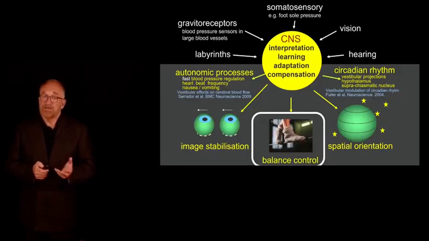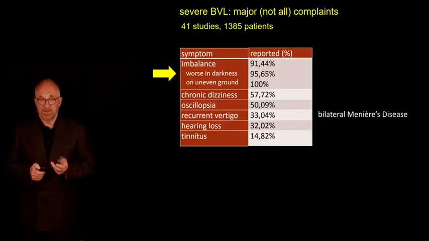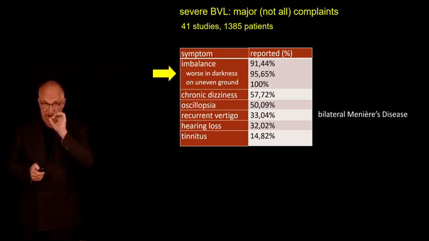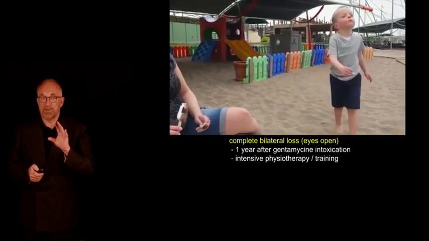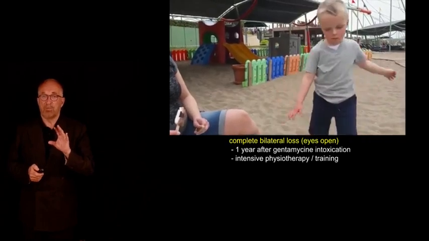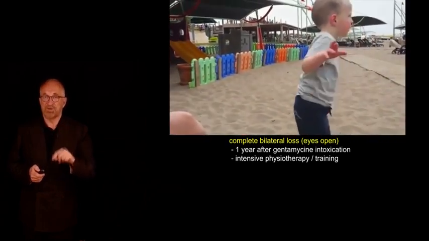One of the major impacts, of course, of vestibular loss is balance control. And we see here in patients with severe bilateral vestibular loss that the number one complaint is imbalance, not vertigo. So imbalance is an important thing. Here you can see a boy who lost his labyrinth 1 year ago by gentamicin intoxication on both sides.